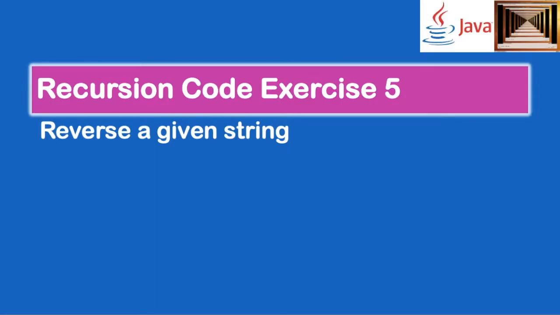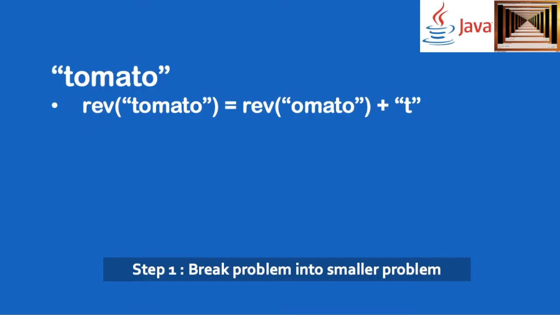Let's move to the final exercise of this lesson. Reverse a given string. So we have been given a string and we need to reverse it. If we want to reverse tomato, what should be the reverse of tomato? It will be o-t-a-m-o-t. So this t will come at the end.